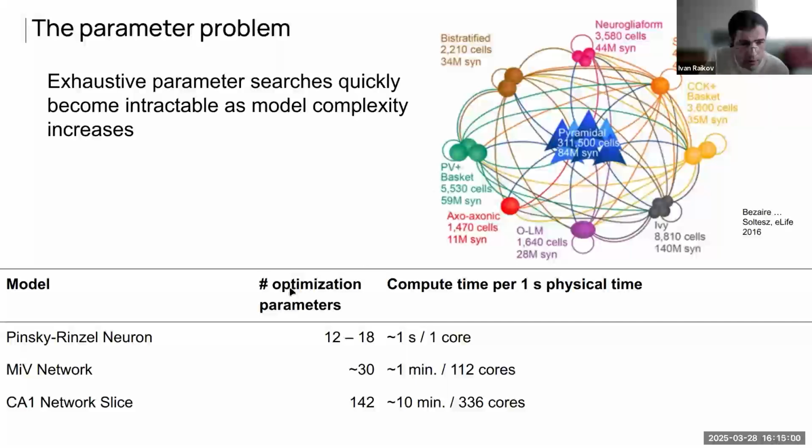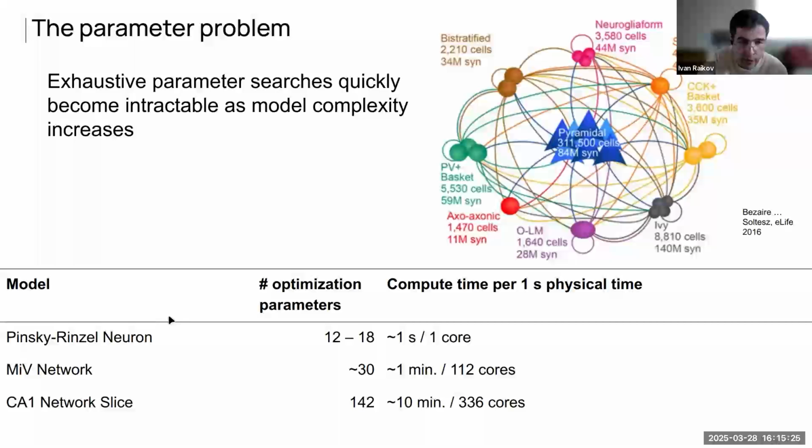And here in the table below, I have included, just to give you an idea of the scale involved. So for a single neuron model, maybe we have on the order of 10 to 20 parameters, relatively quick evaluations. But as we increase the network size and the number of parameters, the computation required increases exponentially.